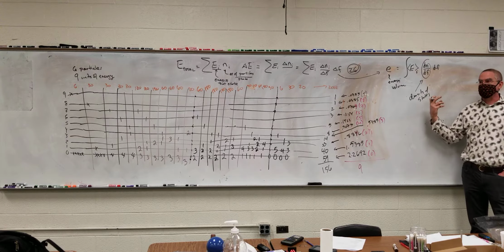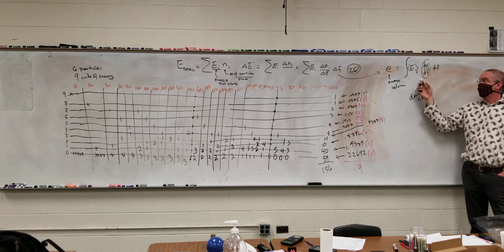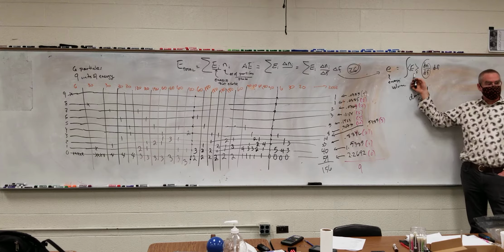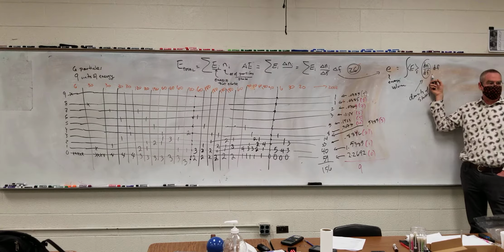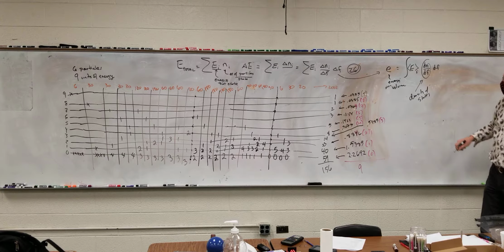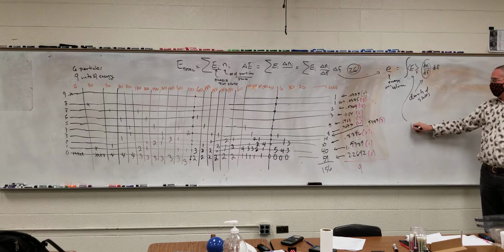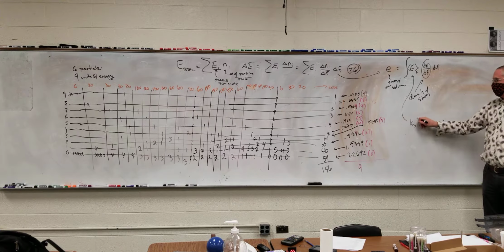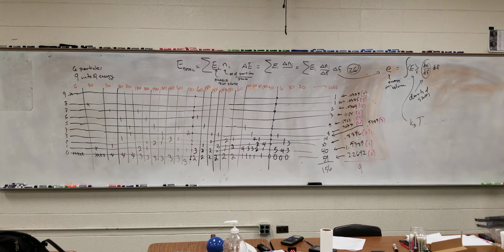So where does this connect us with anything else? If I know what the average energy is and I know the density of states, I can just integrate and figure out how much energy I have per unit volume. And in classical physics, this is equal to Boltzmann's constant times temperature. It is completely independent of frequency.